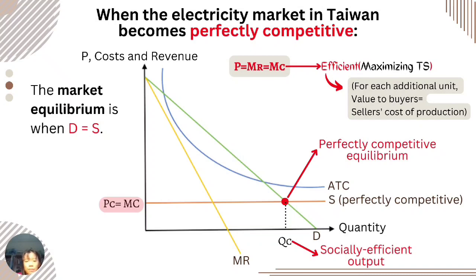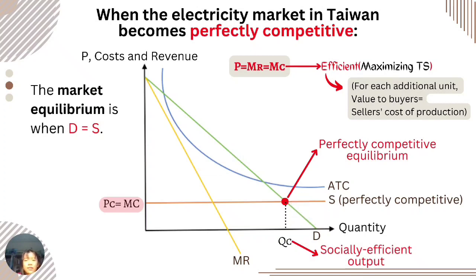So this is the demand curve and this is the supply curve, and they are going to cross at this point. So the market equilibrium will lead to the socially efficient output, so-called QC here. And this is the perfectly competitive equilibrium.